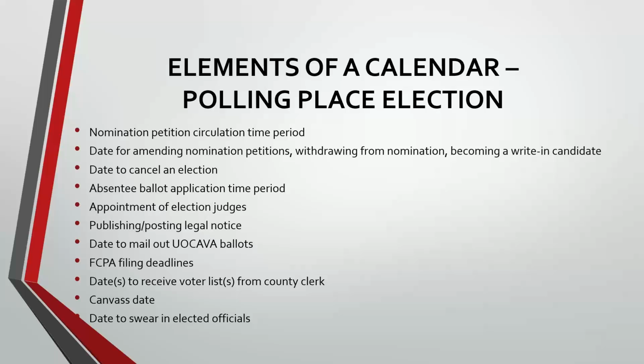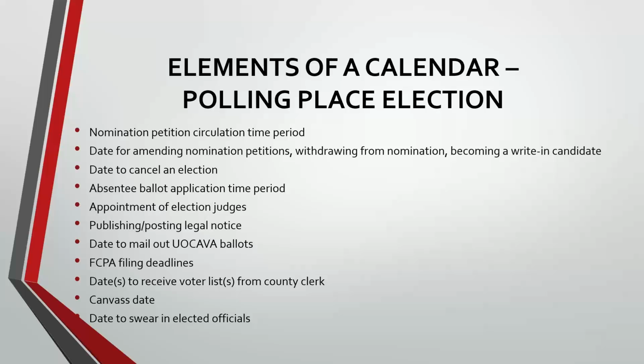They wake up and say, I don't know what I was thinking, I want to withdraw. They do it in writing, it's notarized, and then you treat the petition as if it never came in. And also becoming a write-in candidate. Those dates are all pretty close to one another because those things occur, and then you can decide if you can cancel an election, which is the next item, the date to cancel the election.